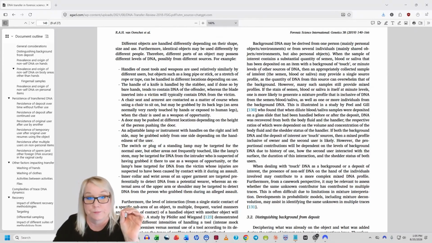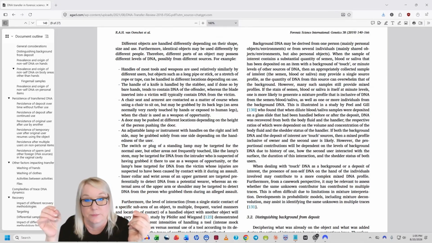For example, handles of most tools and weapons are used relatively similarly by different users because it's made that way. But objects such as a long pipe or stick or a stretch of rope or tape can be handled in different locations depending on use. Yes.